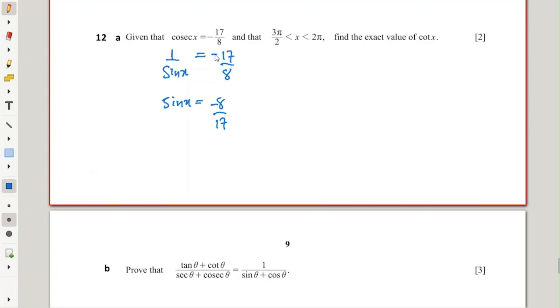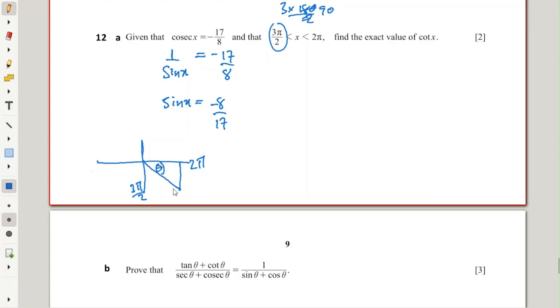So if I should draw my triangle, it should be in the fourth quadrant because this is the same as 180 over 2, this is the same as 270. So it's between 270 and 360. So I'm in this quadrant, all right?